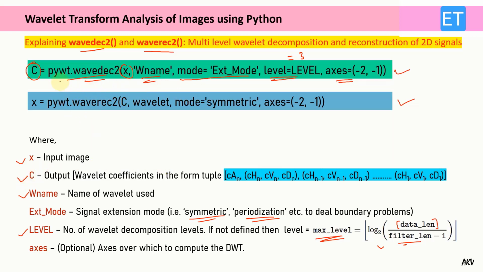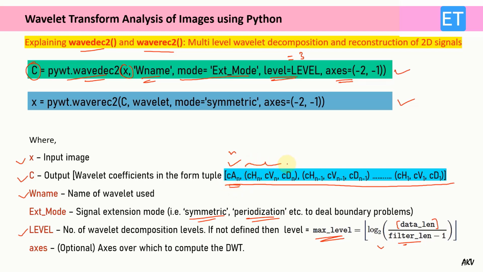All the wavelet coefficients are actually accommodated by this C in the form of a tuple. So you can see this is how all the wavelet coefficients are taken by this variable C. The first matrix is CAn, that means at level n, the approximation coefficient matrix is the first matrix.